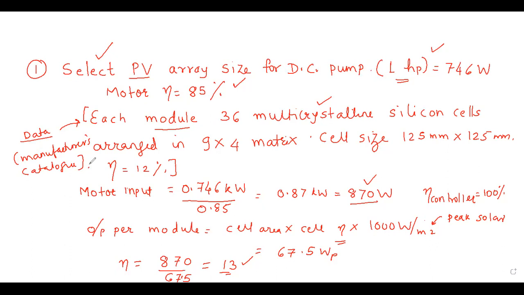The second problem I would like to do is the problem which we had discussed in the last lecture about a pump. We had considered a vertical lift of 42 meters.